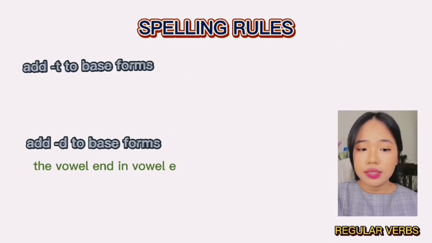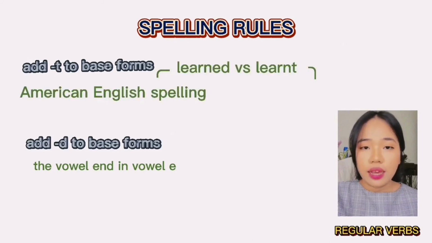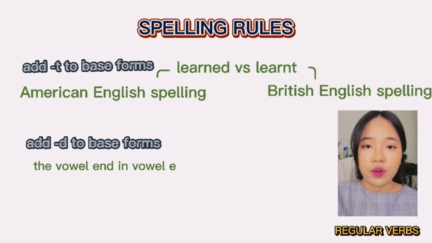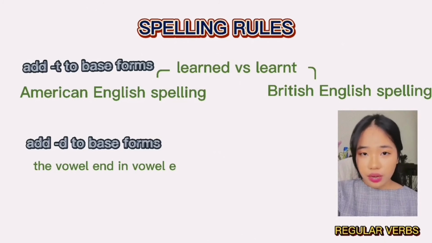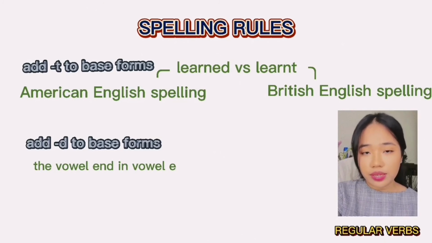Okay, sometimes both are right, and the one ending with d or ed is the American English spelling. Example, learned and learnt. So learned is from American English spelling and learnt is from British English spelling.